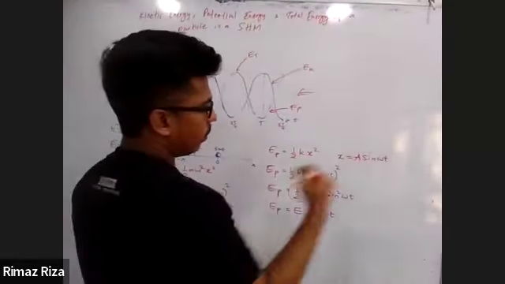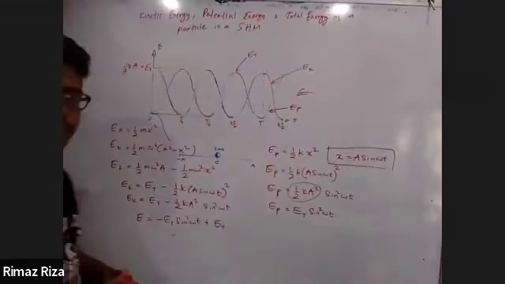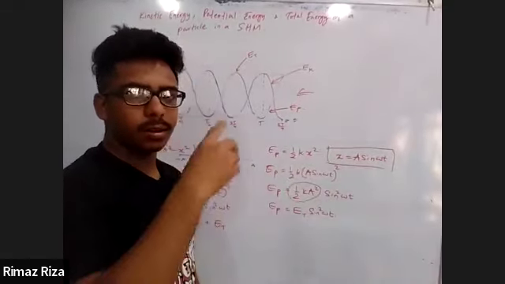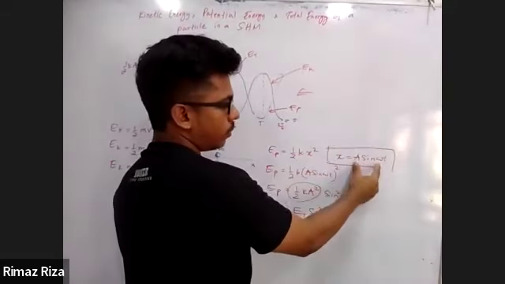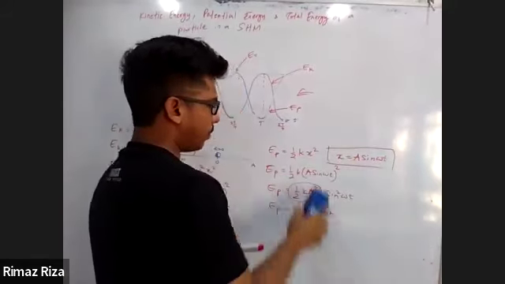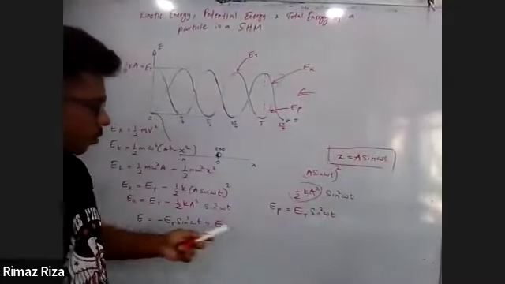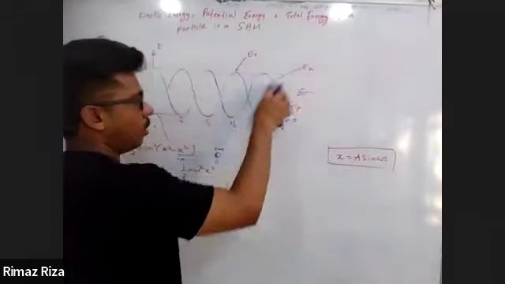This equation we will study in our next topic: for every simple harmonic motion, there is a corresponding circular motion. By understanding that circular motion, we can derive this equation. This equation is there in our syllabus, but the derivation for this graph is not. You should only know the variation.